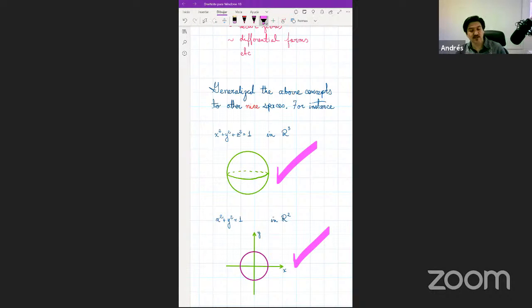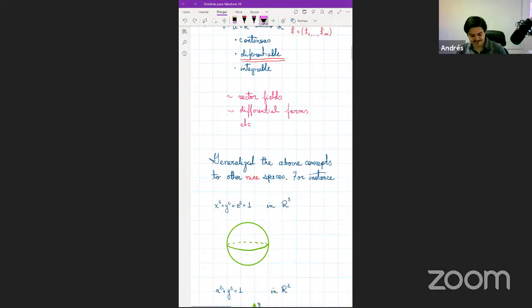And the two-dimensional sphere and the one-dimensional sphere, the circle, are very nice examples of geometric objects, and you would like to do calculus on them in terms of smooth functions. Okay, do you have any questions?